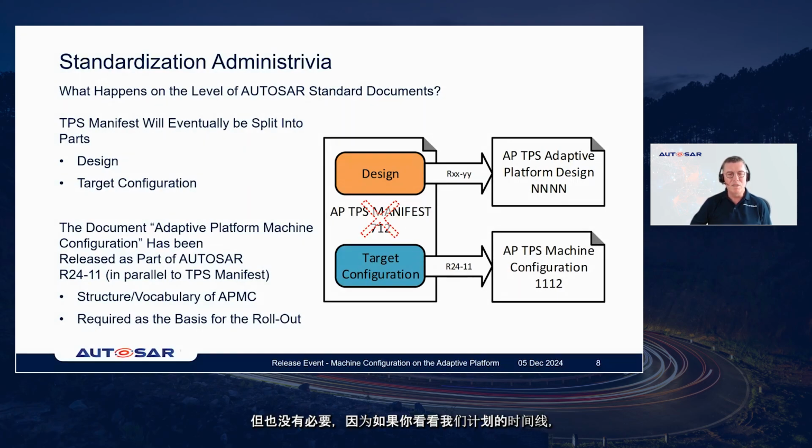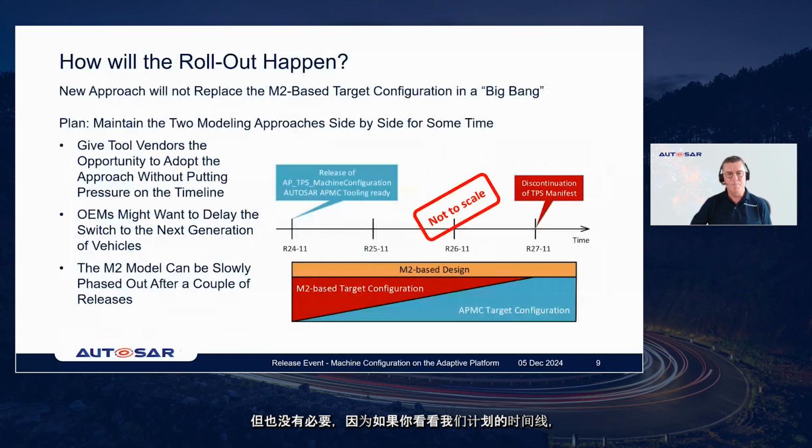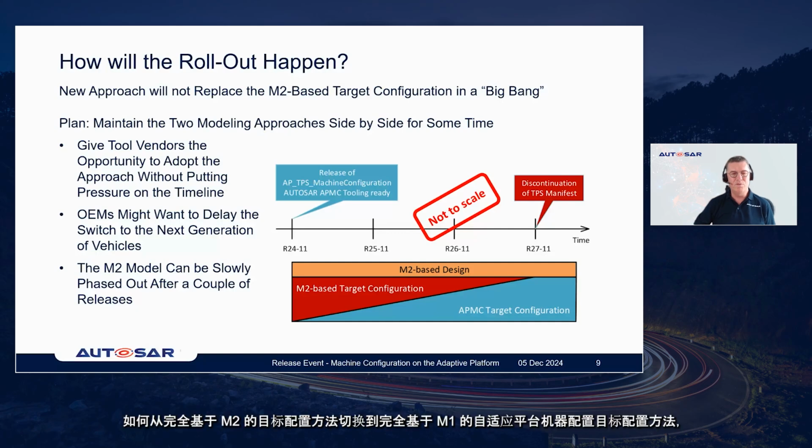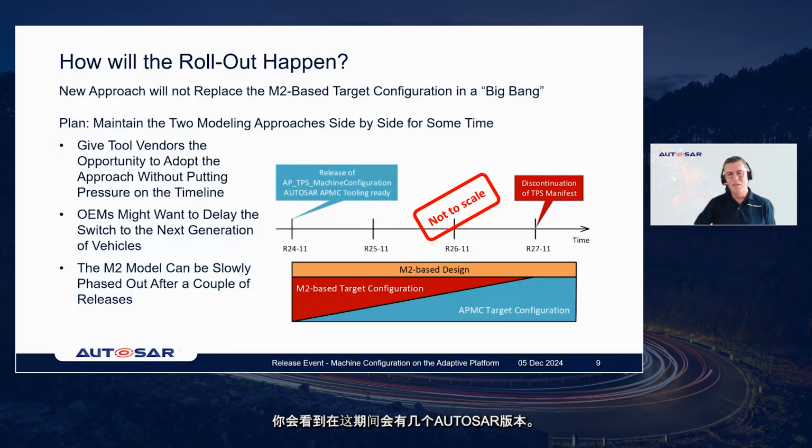But there's also no need, because if you look at the timeline for how we plan to switch over from a complete M2-based target configuration approach to a complete M1 APMC target configuration approach, you can see that there will be several AUTOSAR releases in between. So we are not planning some kind of big bang in which we discontinue the existing model and the existing target configuration and wish everyone a nice day.